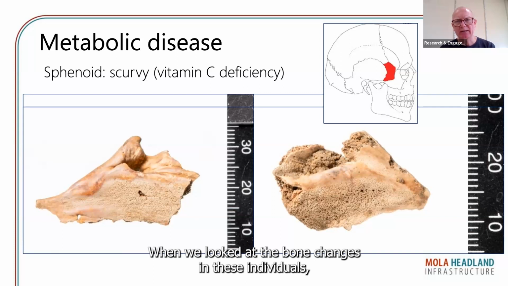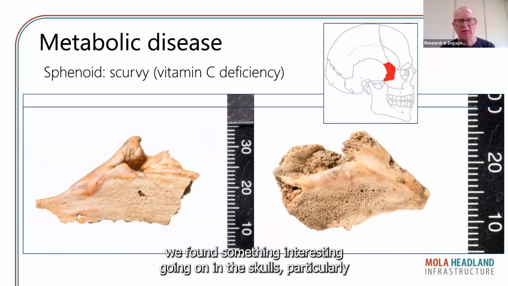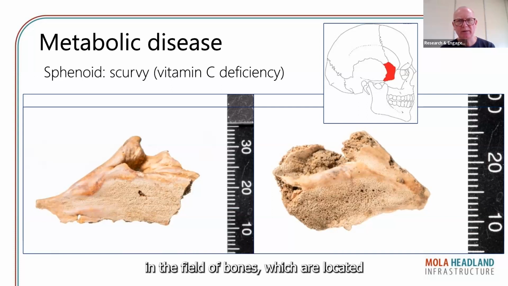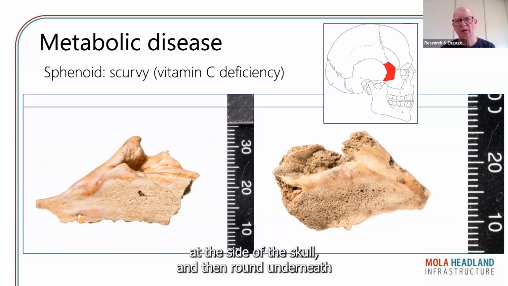When we looked at the bone changes in these individuals, we found something interesting going on in the skulls, particularly in the sphenoid bones, which are located at the side of the skull and then run underneath the base of the skull. In particular, we looked at what we call the lesser wings of the sphenoids.